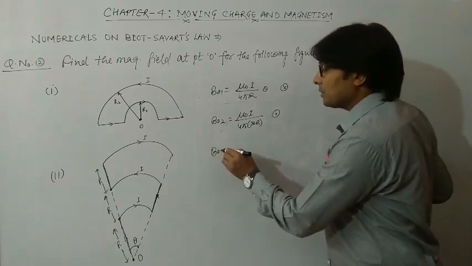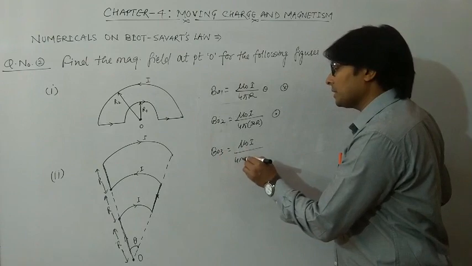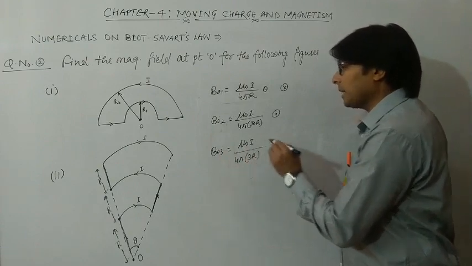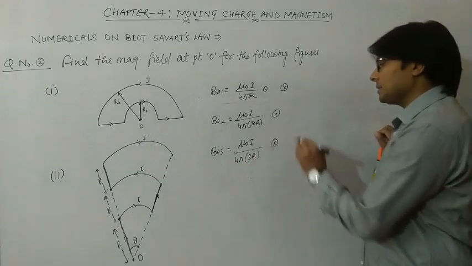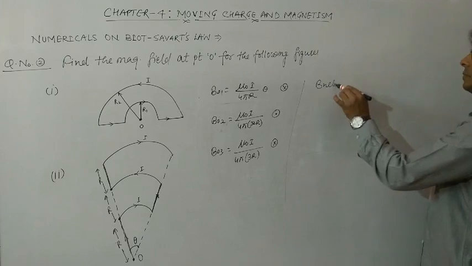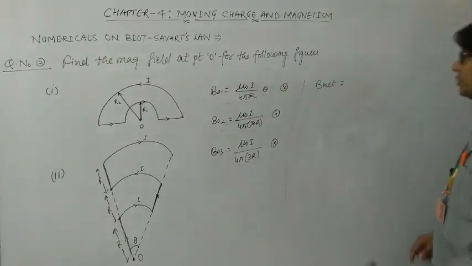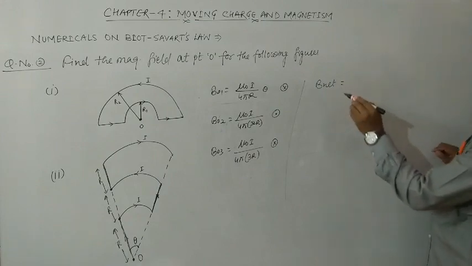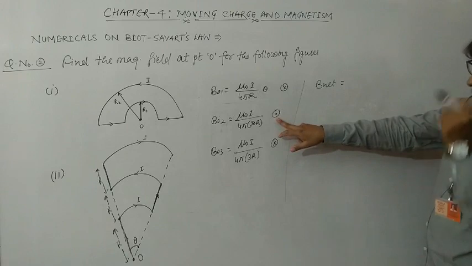And B03, once again, is mu 0 I upon 4 pi into 3r, and the magnetic field will be perpendicularly inward. So the net magnetic field at the center of this loop: two of these will add up and this one will subtract from them.